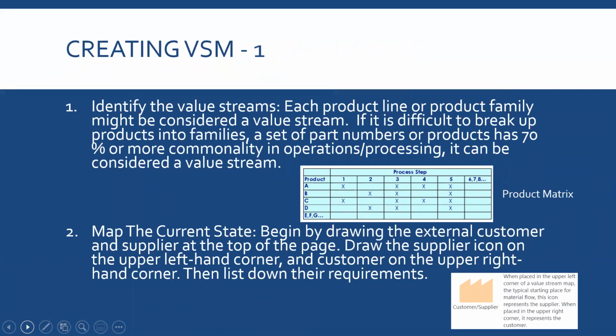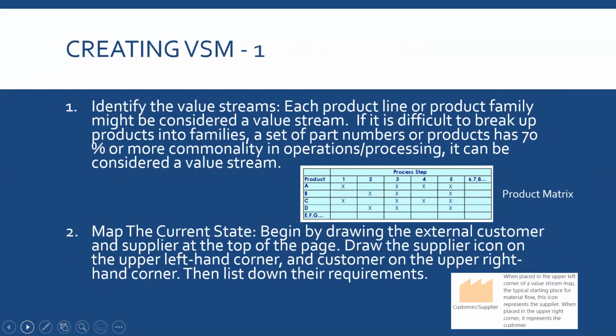Okay, how could we create a value stream map? First of all, identify the value stream. Each product line or product family might be considered a value stream. It is sometimes difficult to break up products into families. If it's difficult, a set of part numbers or products with 70% or more commonality in operation process can be considered a value stream.